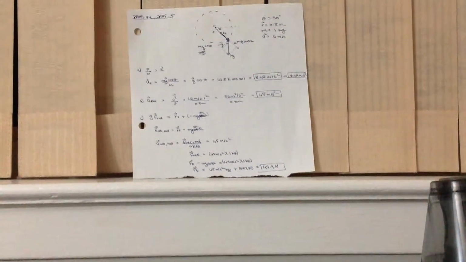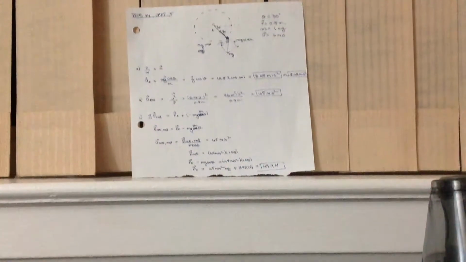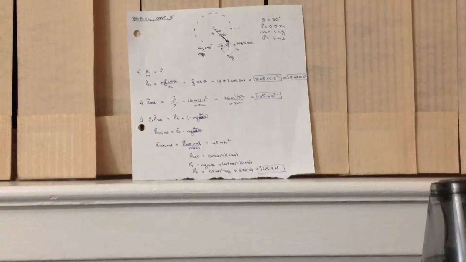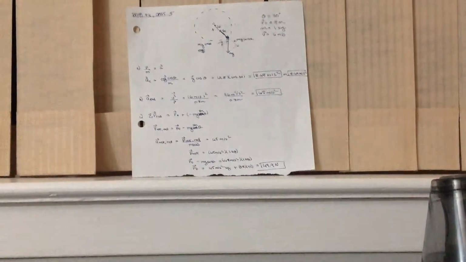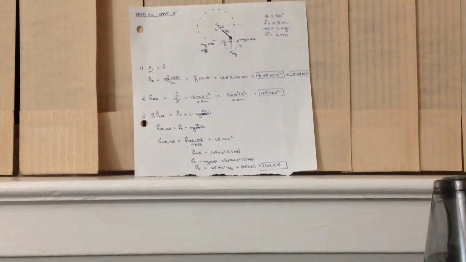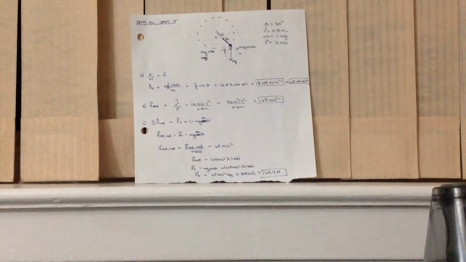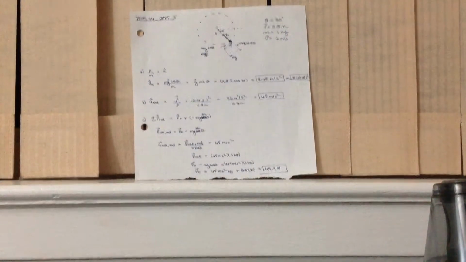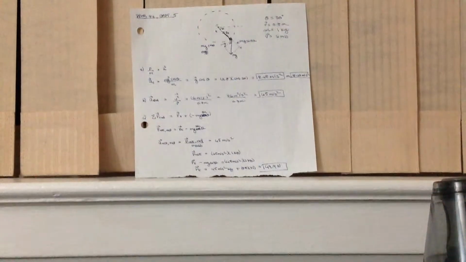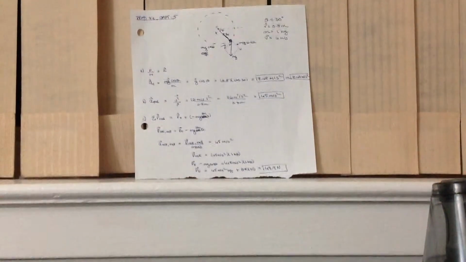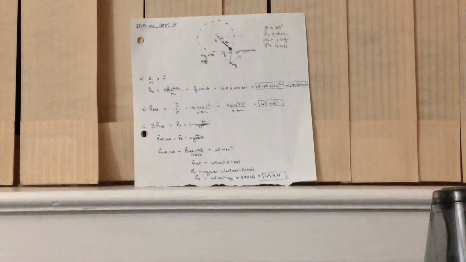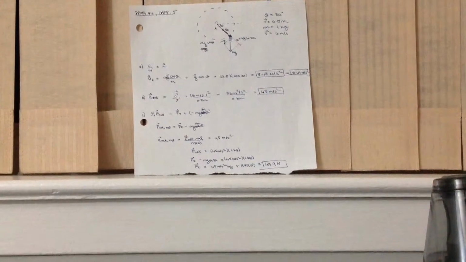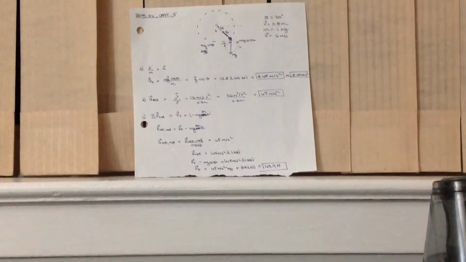Now, for the third part of the problem, they want us to find the force tension that acts on this object. In order to do that, we need to write the sum of the forces equation in the radial direction. So the sum of the forces in the radial direction, if we take towards the center to be positive, then we have positive force tension along with that negative component of gravity, mg sine theta.